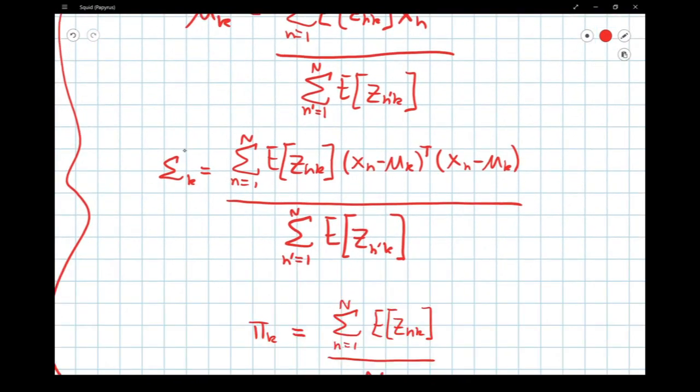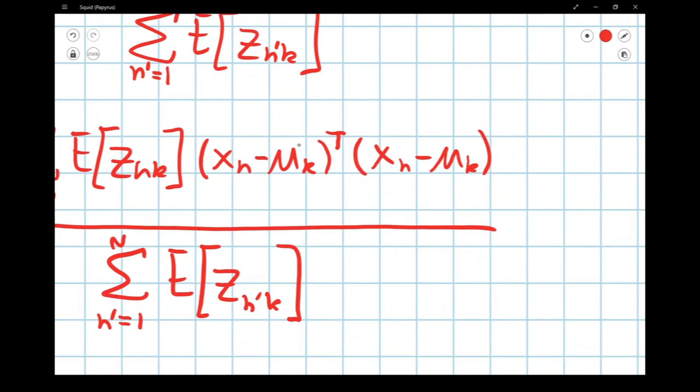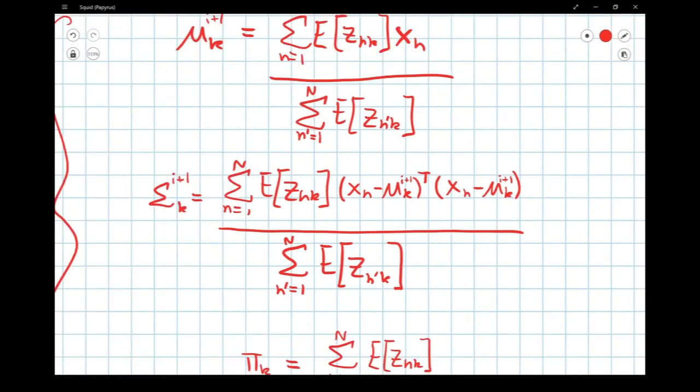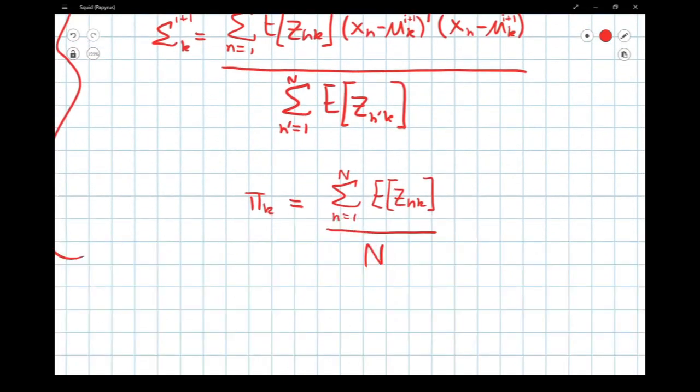And then our sigma k i plus 1 will be equal to all this. But now we're going to use our current best guess at mu, so this is our i plus 1. And then finally, our i plus 1 estimate of pi k is here.